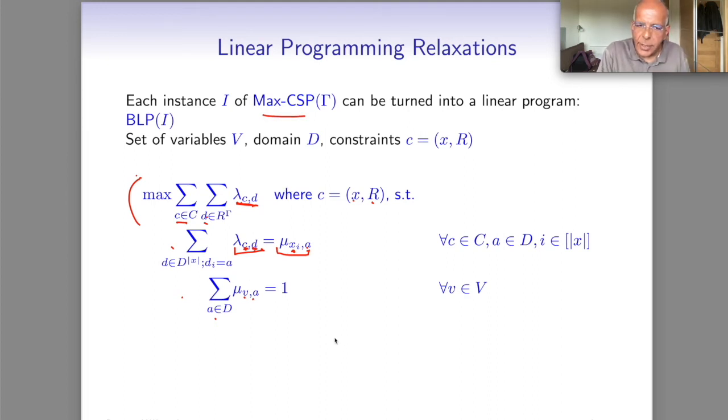But of course, that's an integer linear programming problem. So if we just add the constraints that lambda and mu are all between 0 and 1, then we get a linear programming relaxation. We can optimize for that, and that gives us an approximation to Max CSP.